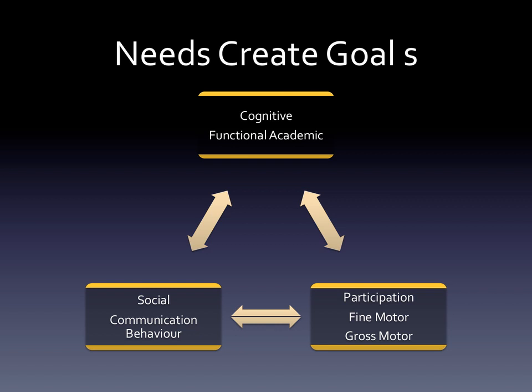It may also support his communication need to use his augmentative communication device in more situations. This is why I feel that we sometimes need to cluster global areas. Now, similar examples exist for academic and cognitive areas, as well as participation through, for instance, fine motor and gross motor areas. So let's take a closer look at goals and objectives.